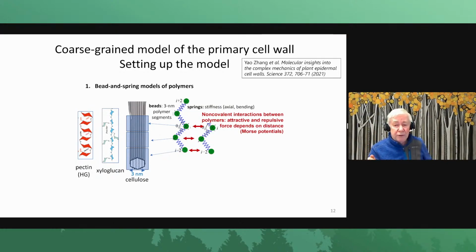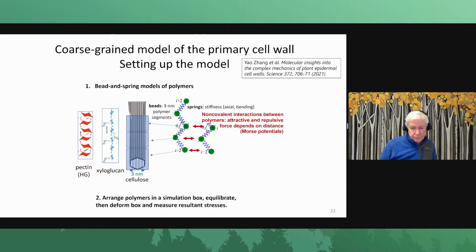Cellulose, for example, can bind to other cellulose chains, and that's a strong interaction. Xyloglucans can bind to cellulose, so that's a strong interaction. Pectins have much weaker interactions. Those are modeled by Morse potentials, in which the energy between 2 beads is dependent upon the distance between the beads.